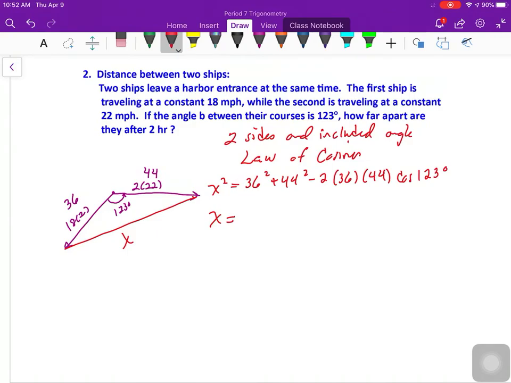And we said at the beginning that I was going to have you round to the nearest tenth. So I'll take the square root of 36 squared plus 44 squared minus 2 times 36 times 44 times cosine 123, which gives 70.4 miles apart.